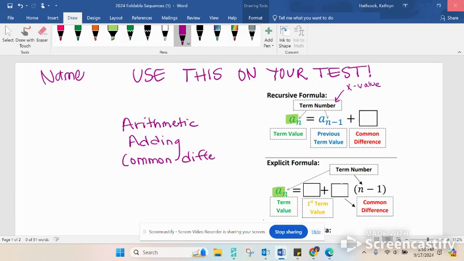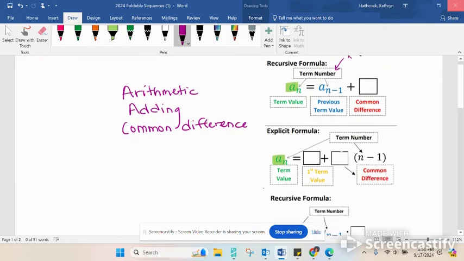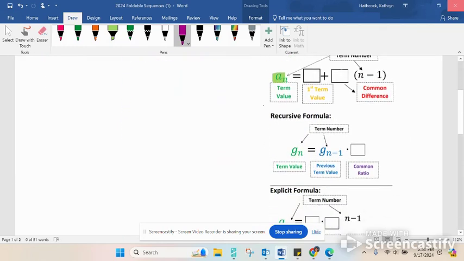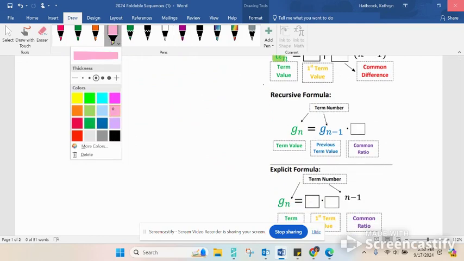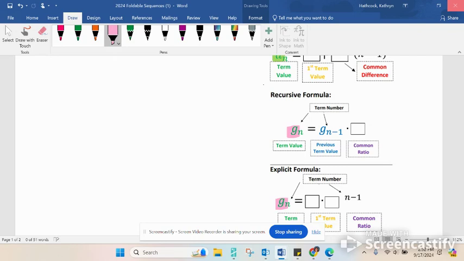Now these are your notes, so if you think this is helpful, write it in. I highly recommend writing this. They're your notes. If there's something else you want to add in, you totally can do that. Now over here, we have 2 more formulas, and I have a G with these formulas. G meaning geometric.